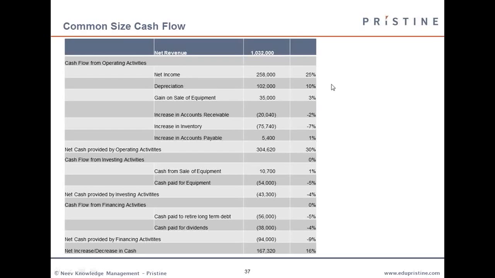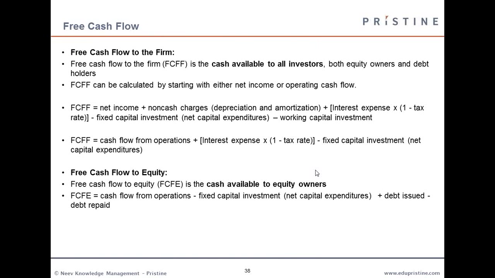All the items are expressed as a percentage of net revenue. So here we can say there is a decrease in accounts receivable, there is an increase in operating activities, cash provided, which is good. So that way we can analyze the company.